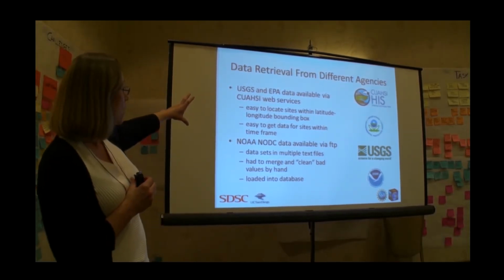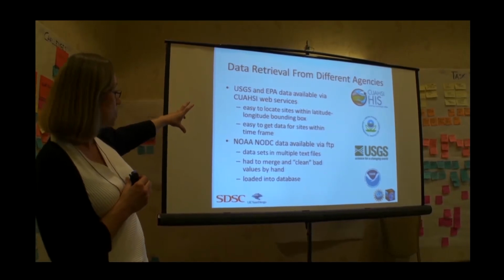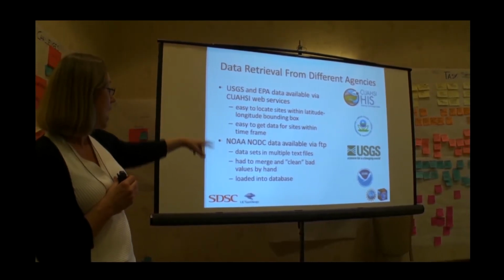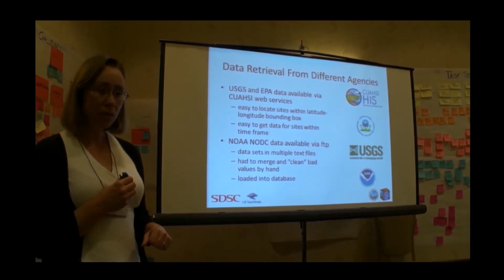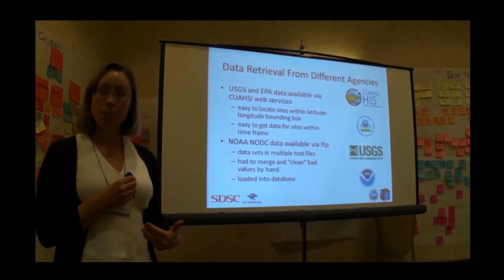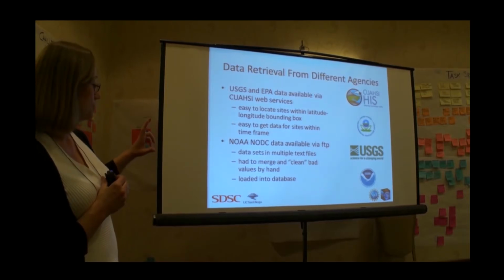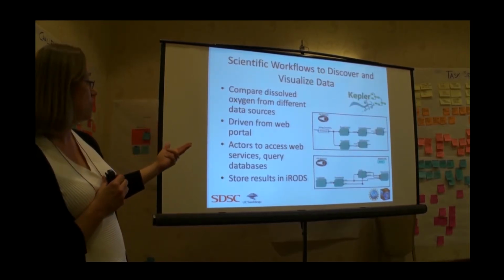So we are currently pulling data from three main sources, USGS, EPA, and NOAA's NODC, and we've developed a small prototype portal to show how those data could be used together.